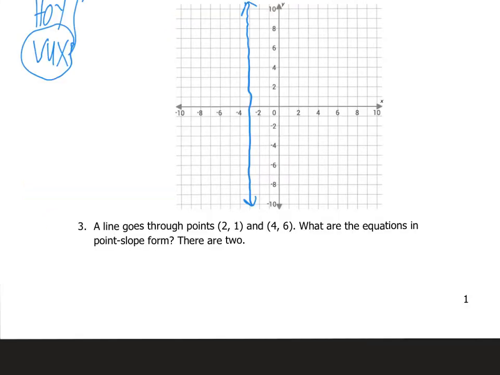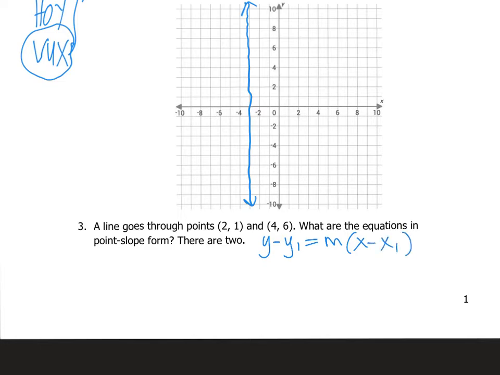Okay, so now we are at the bottom of the first page, number 3. A line goes through points (2, 1) and (4, 6). What are the equations in point slope form? There are 2. So point slope form is y minus y1 equals m times parentheses x minus x1.